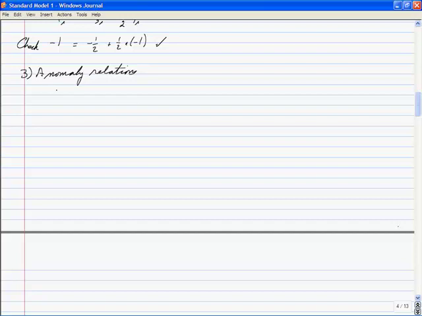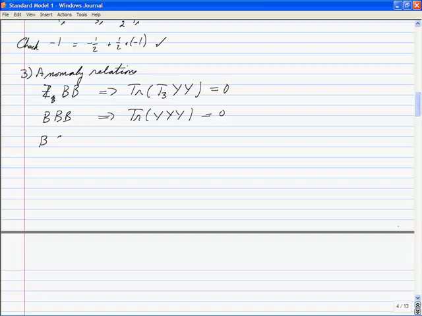So if we call the hypercharge gauge boson B, the fact that there's no ZBB anomaly tells us that we have some trace of T3 Y squared over all the particles is 0. If there's no triple B coupling, it says that the trace of Y cubed is equal to 0.